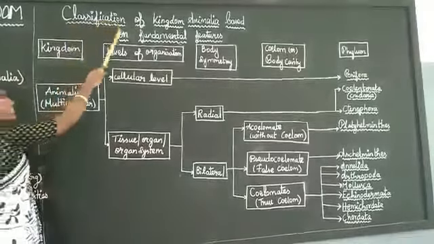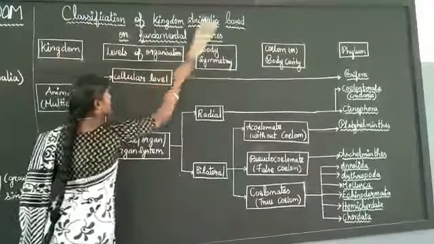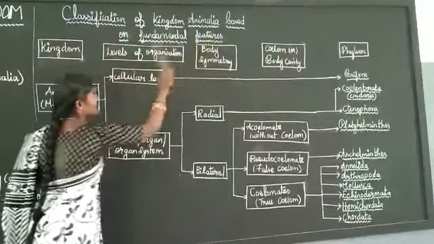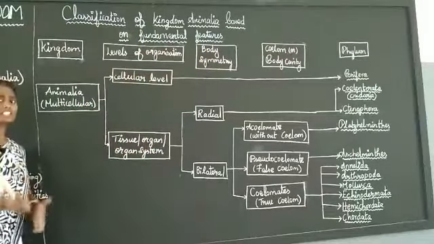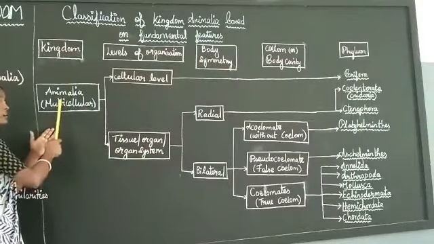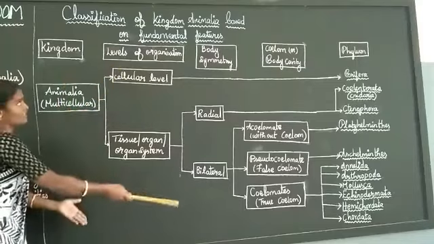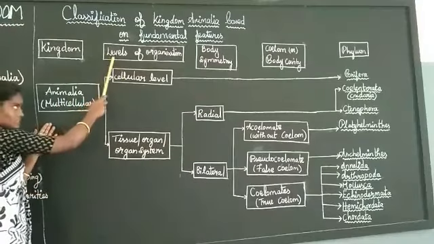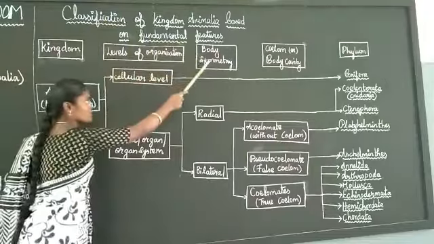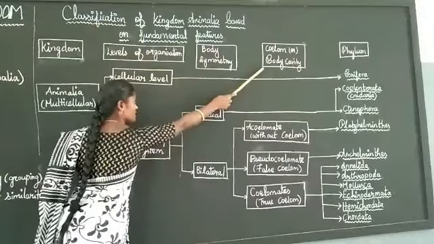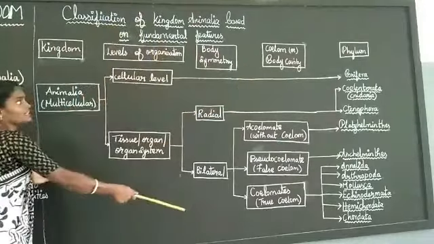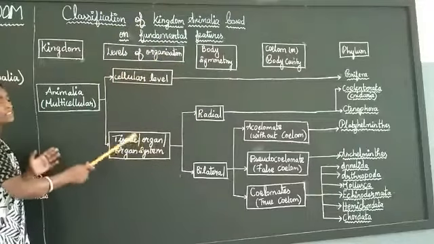That is classification of kingdom Animalia based on fundamental features. Based on some fundamental features, we can classify this Animalia into 11 phyla. That is based on the levels of organization, body symmetry, coelom or body cavity. They classified the animals into 11 phyla.